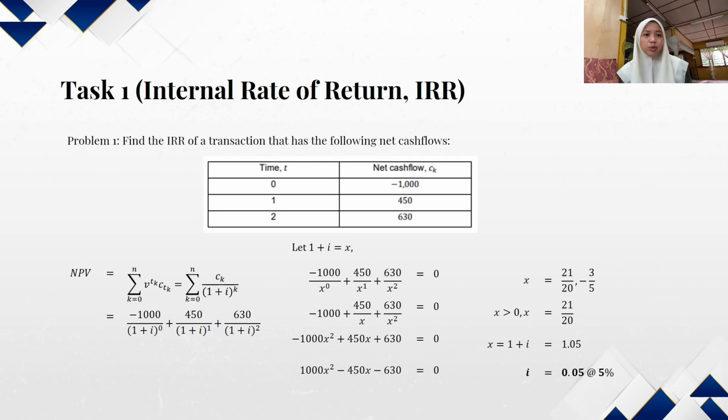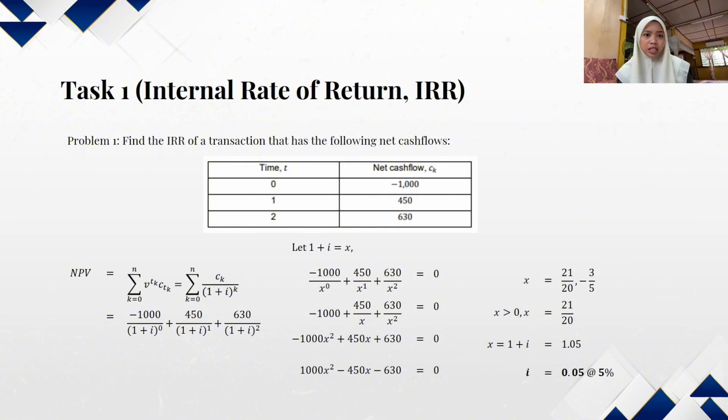The reason why we choose 21 over 22 is that if we add the inflows together, 450 plus 830, we get a total return of 1080 ringgit, which is higher than our investment. This means the project makes a profit of 80 ringgit. Since the investment is profitable, the internal rate of return, or IRR, should be positive. The other is negative 3 over 5, which gives us i equal to negative 160%.